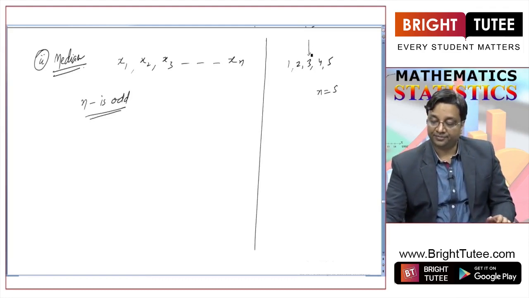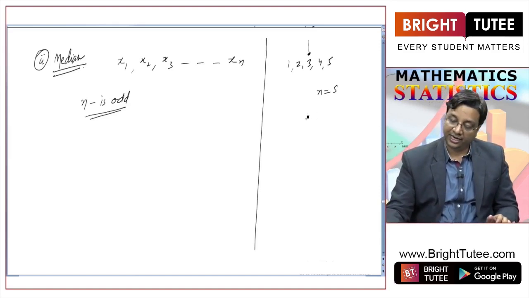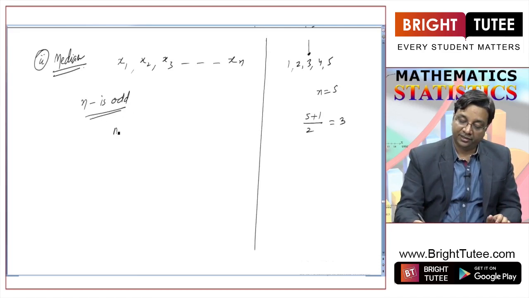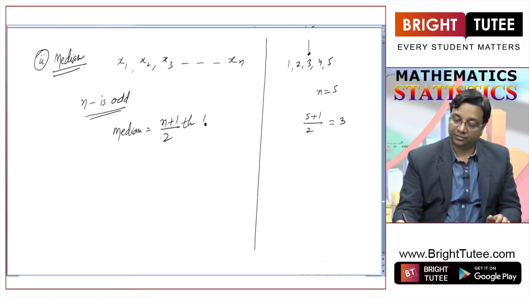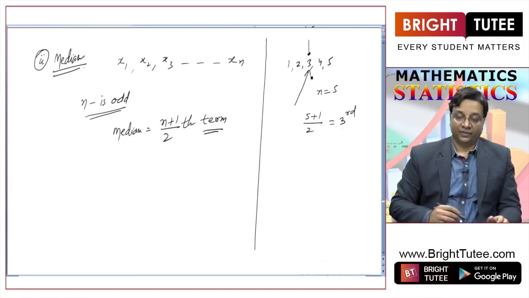It was 3. How you can arrive at that? You can just add 1 in this 5 and divide by 2. So you'll get 3. So if the number of observations is odd, the median will be n plus 1 by 2th term. So this is 5 plus 1 by 2, third term, which is 3 in this case, right?